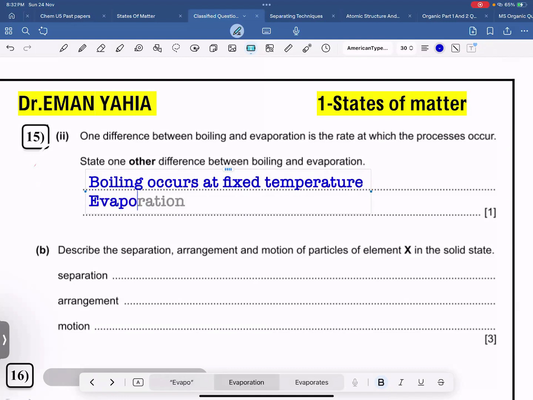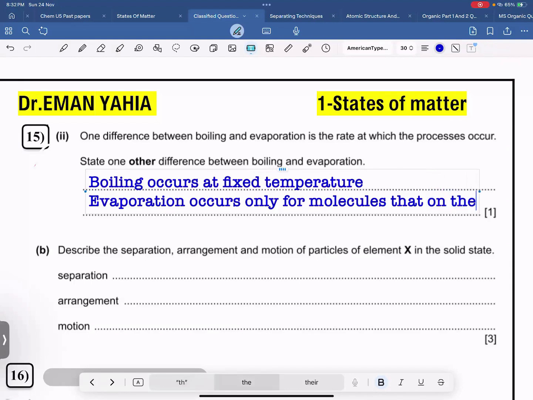Evaporation occurs only for molecules on the surface and occurs in a region or range, not a fixed point.